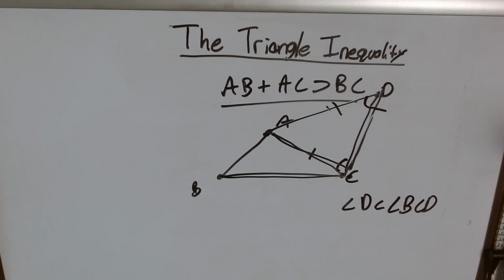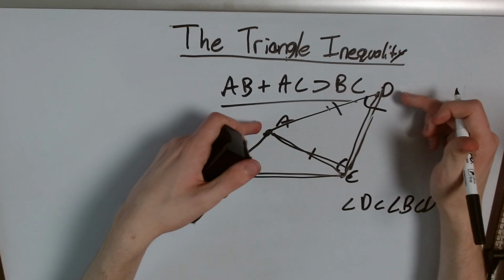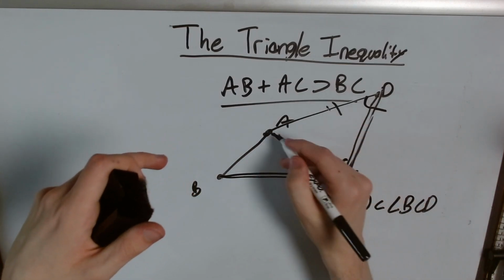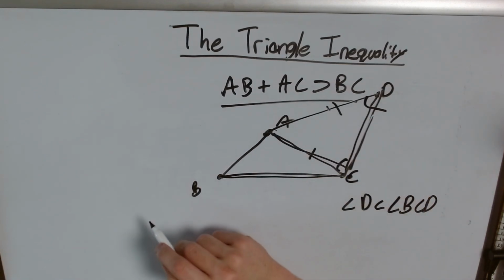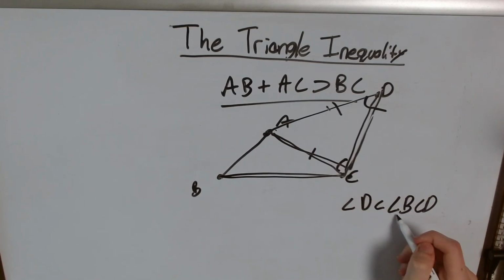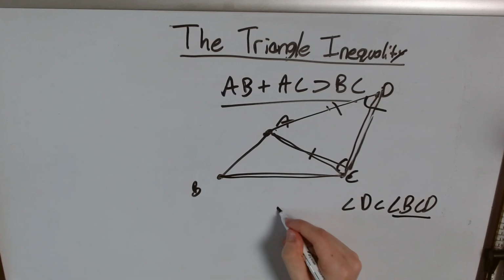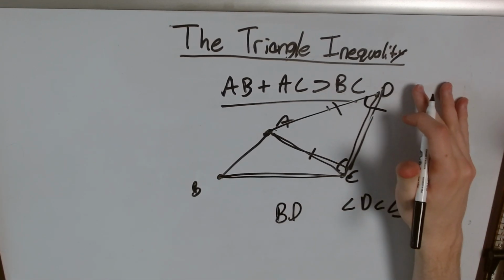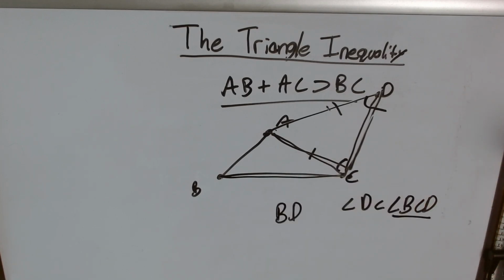Well, sides opposite larger angles are larger, which means this side BD, which should be a straight line. Imagine this is a straight line, right? Side BD is opposite the larger angle, BCD, right? So that means BD is larger than the side opposite the smaller angle, which is BC.